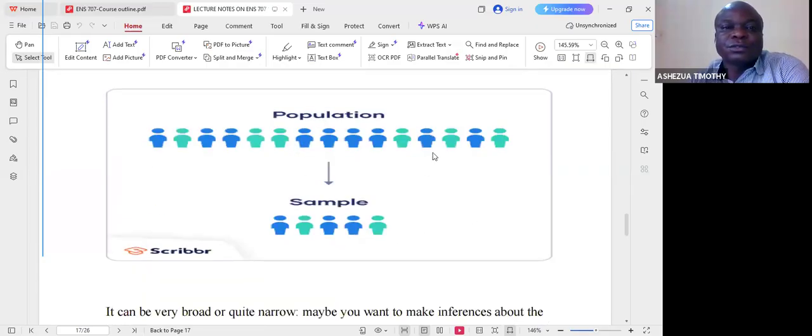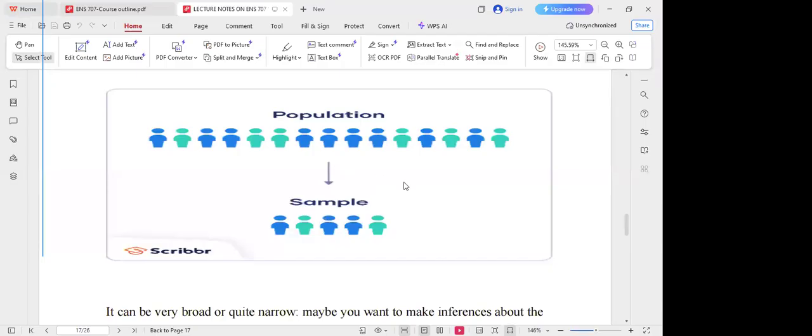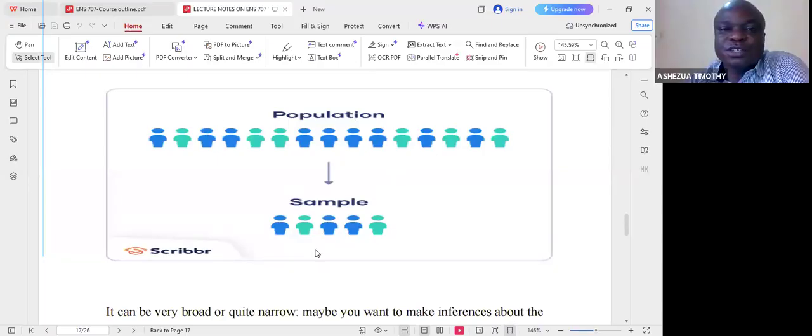So this is an entire population, and this is a sample. You're just taking a sample of the entire population to conduct your research. I hope you can see the difference between a sample and population here. Yes, sir, we can see. So this is a population, and this is a sample.